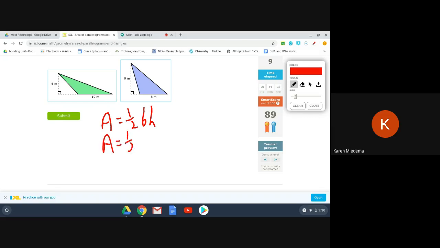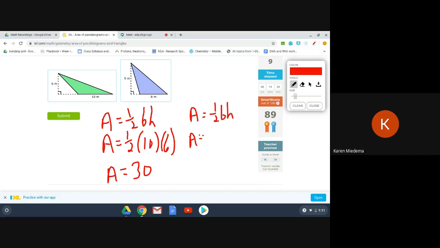Make the substitution. The base is 10, and the height is 6. 1/2 times 10 times 6, everything's being multiplied together, so you could use a calculator for that. You get 30.